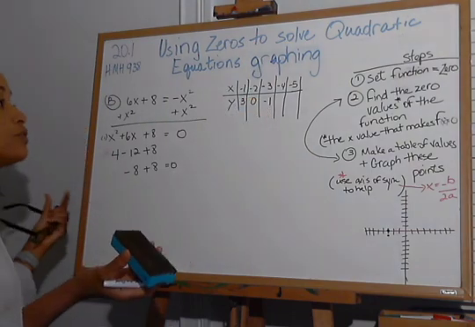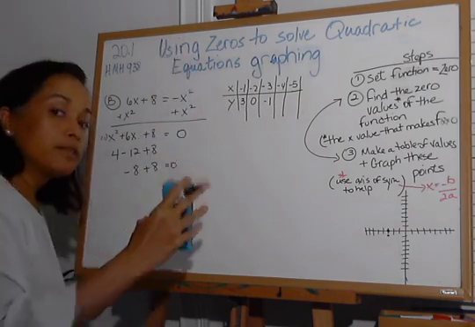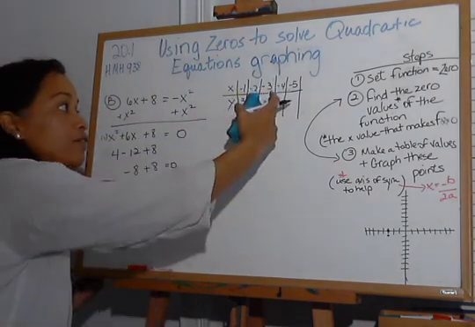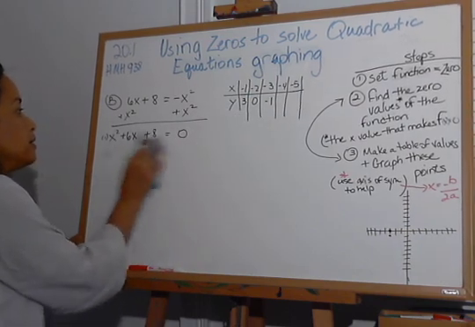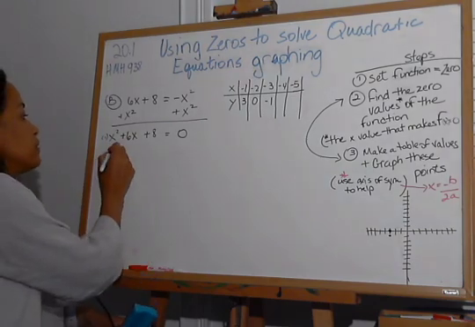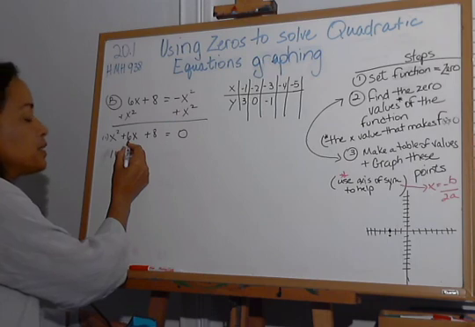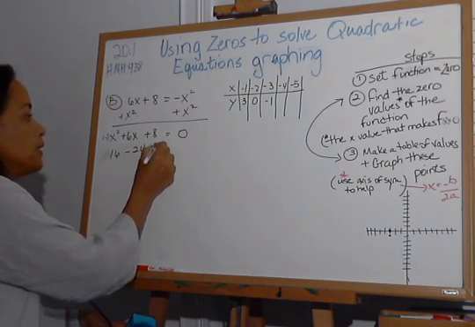Now, if this is really a parabola and negative 3 is my axis of symmetry, I'm going to assume that at negative 4, I'm going to get 0 again. Let's see if that's right. Negative 4 squared is positive 16. And negative 4 times 6 is negative 24 plus 8.